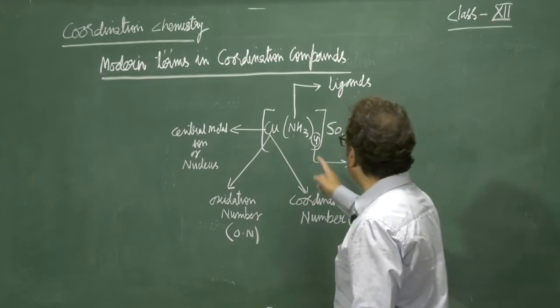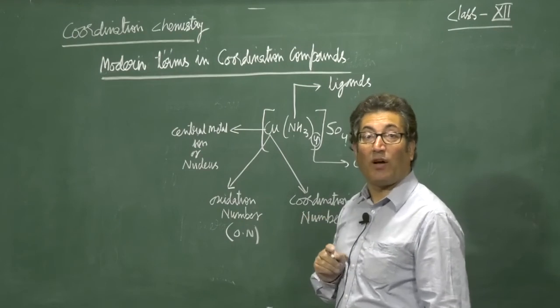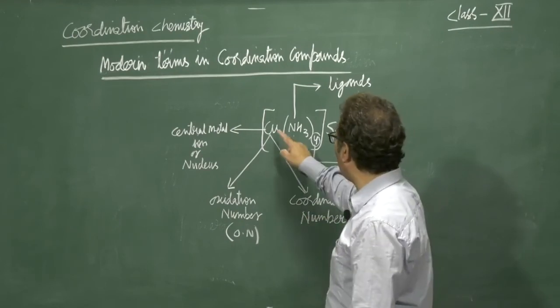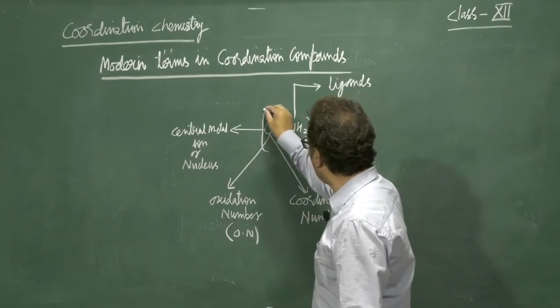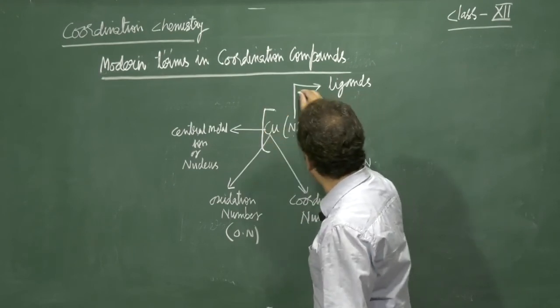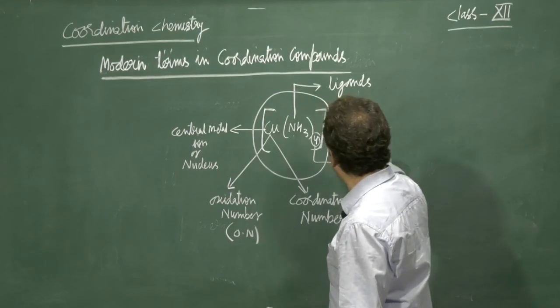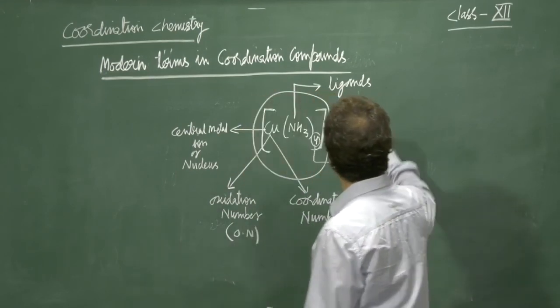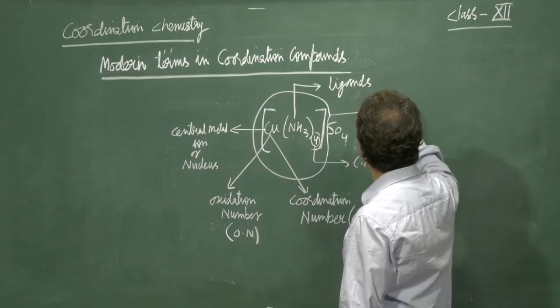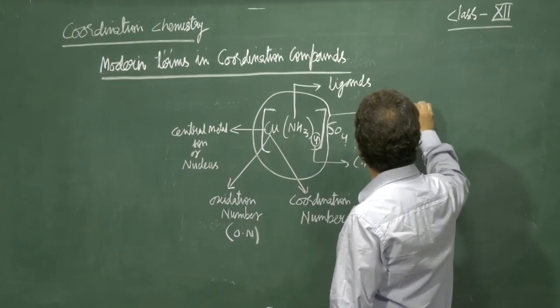Then there's an entity which I told is non-ionizable. What is that made up of? It's made up of copper and these 4 ammonias, which you put within square brackets. This whole term put within square brackets is called the coordination entity.